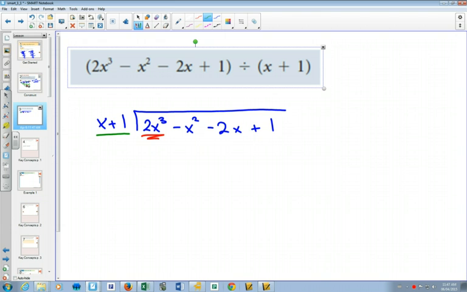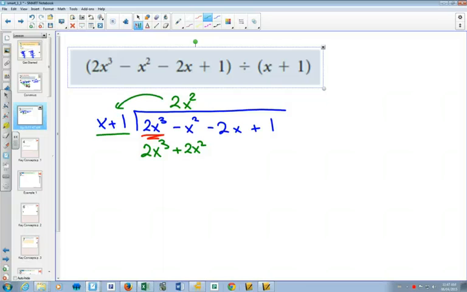A 2x squared. So I'll write 2x squared above the x squared column. It's sort of like holding your place values like we did before with the real numbers. And 2x squared times x plus 1 would give me 2x cubed plus 2x squared.